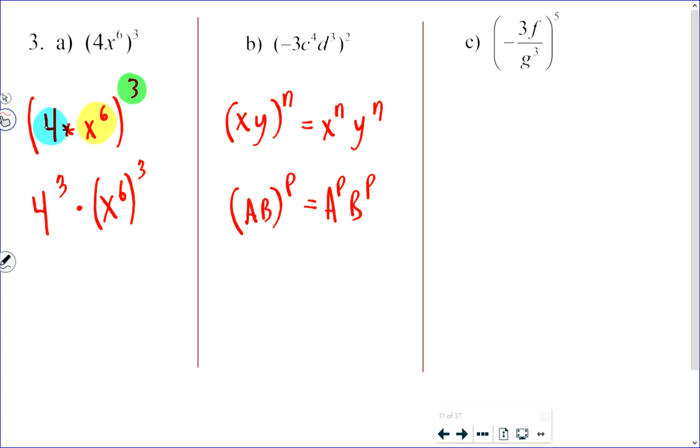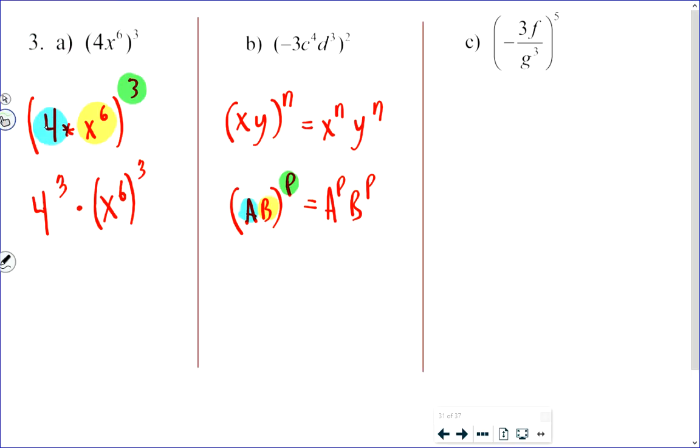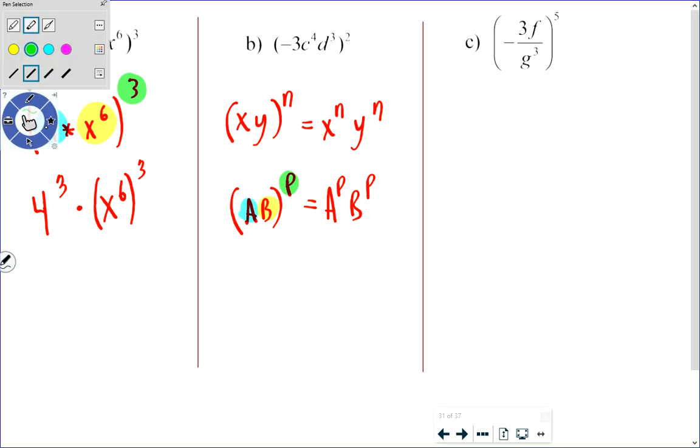We have a product raised to an exponent. So we are applying this power of a product rule and saying the product of 4 times x to the 6, all raised to the 3, will be 4 to the 3 multiplied by x to the 6 to the 3. Well, 4 to the 3 means 4 times 4 times 4, which is 64.